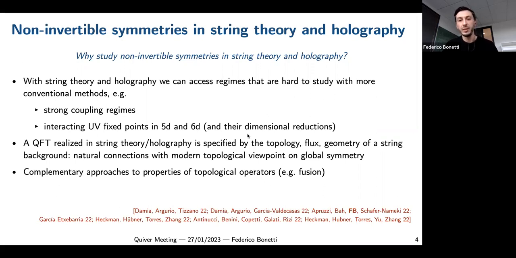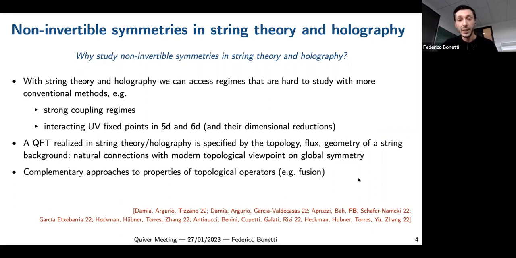And we will see some preliminary example that indeed string theory knows about some of the fusion rules. To me, that gives further motivation that it can be interesting to consider non-invertibles as they come out of string theory. And indeed, there has already been some progress in a few specific examples.